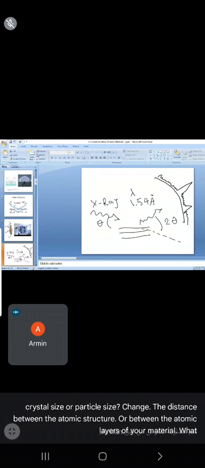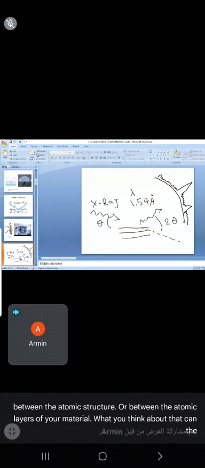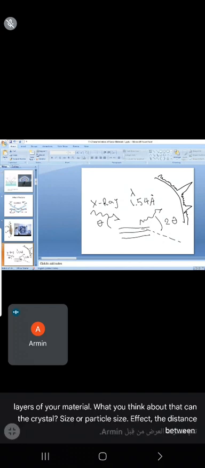Can the crystal size or particle size affect the distance between the atomic layers? What do you think about that?